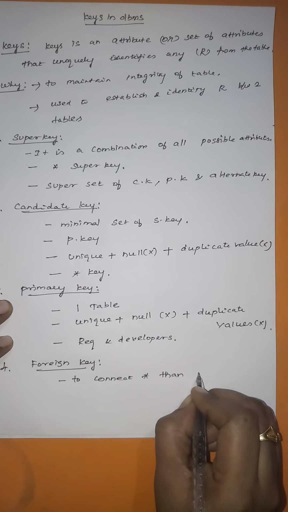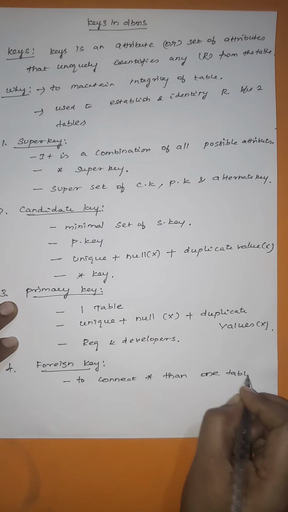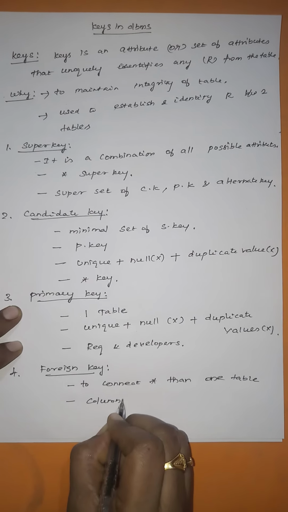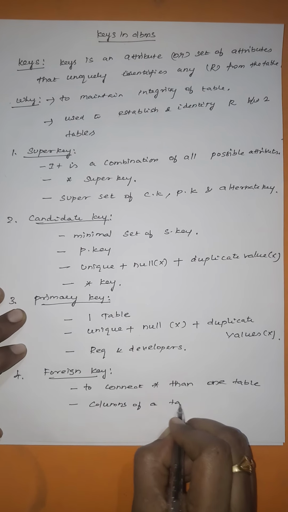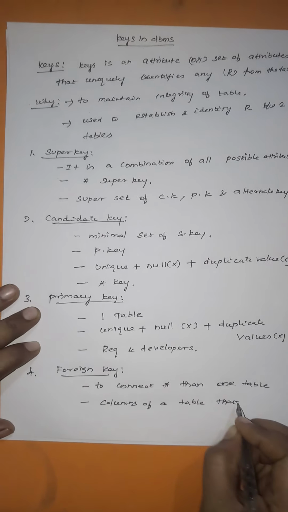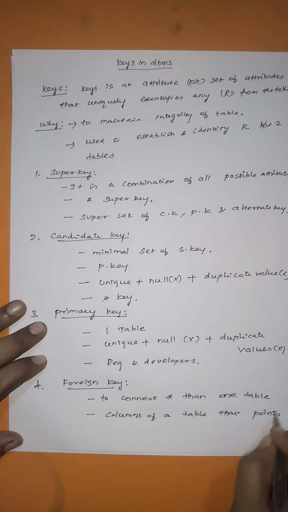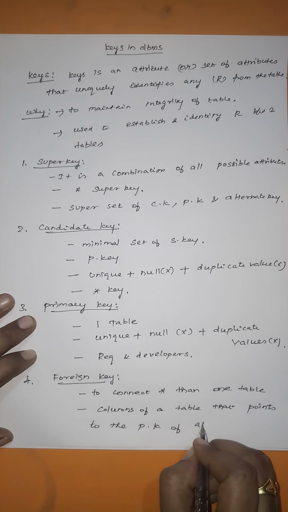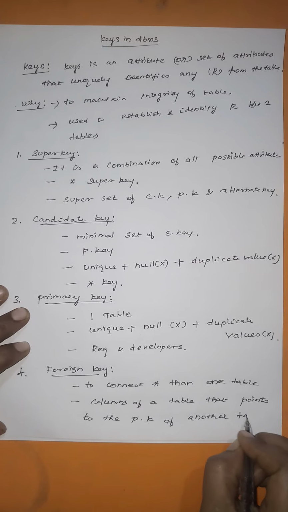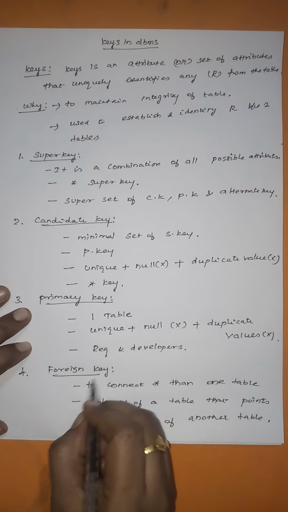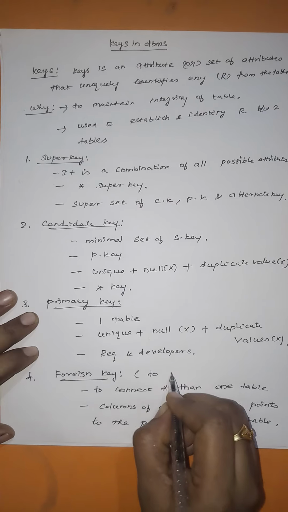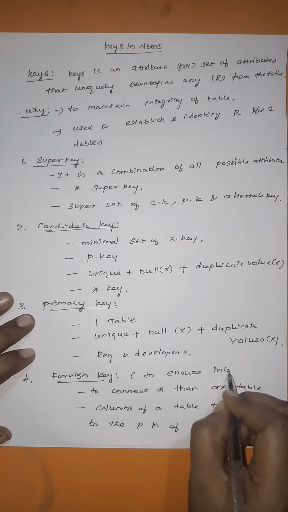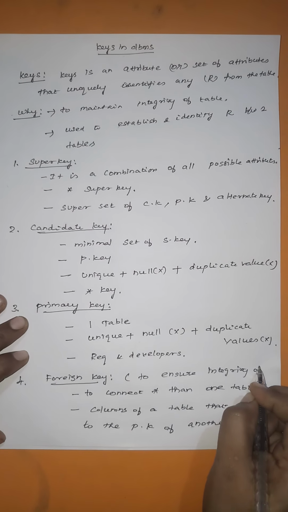Foreign keys are columns of a table that point to the primary key of another table. It's mainly used to ensure the integrity of the data.